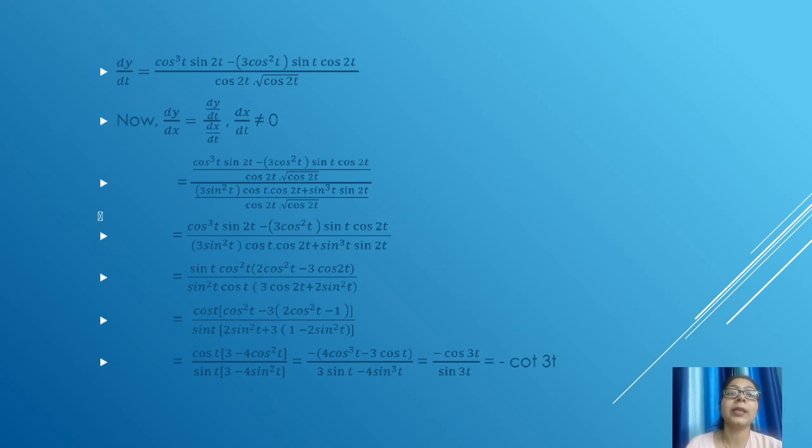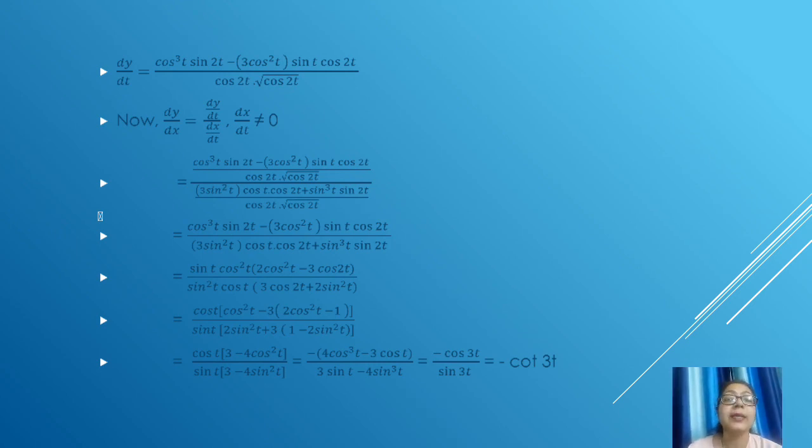Now in the denominator part, 3 cos 2t, I have used the formula 1 minus 2 sin²t, and in the numerator, this cos 2t I have written with minus outside, minus 3 outside, 2 cos²t minus 1, because the numerator is all with cos only and the denominator all with sin, so we have to convert the denominator in sin formula and the numerator in cos formula.